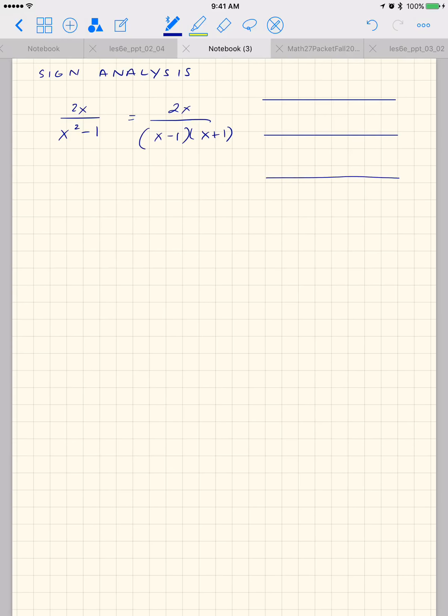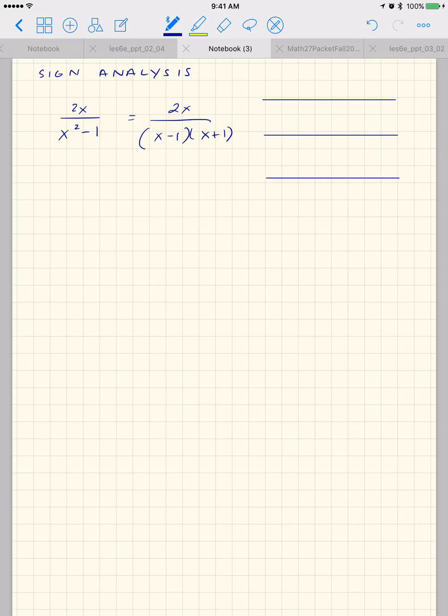So here we go. We've got 2x over x squared minus 1, and here's what you do. We've already factored that into 2x over x minus 1, x plus 1. So I'm going to make three number lines. 1, 2, 3.